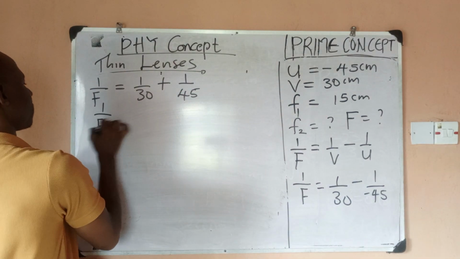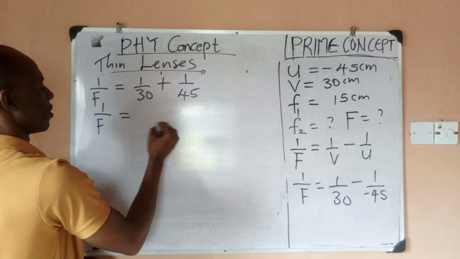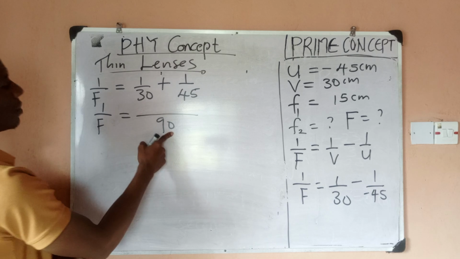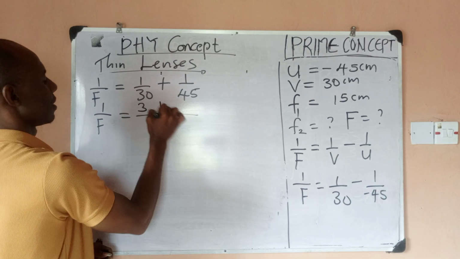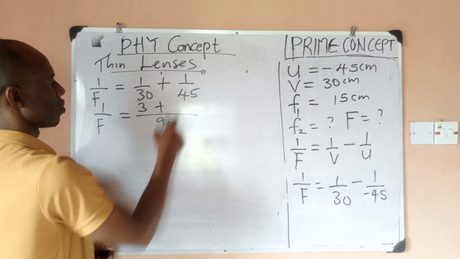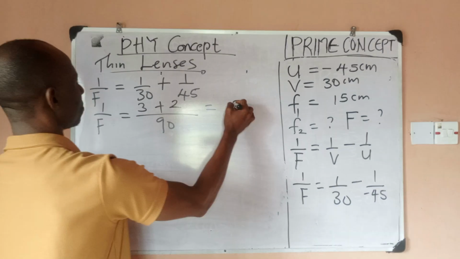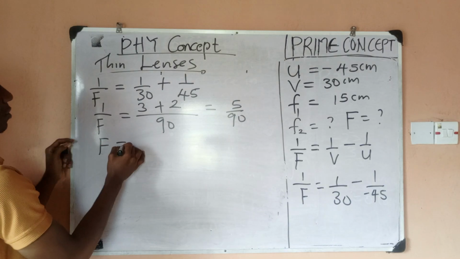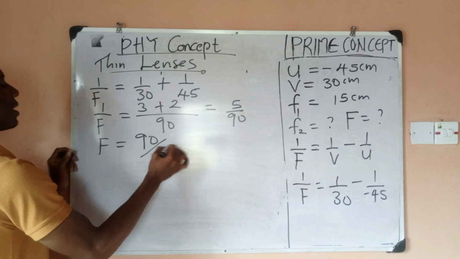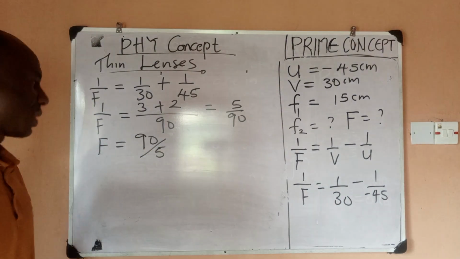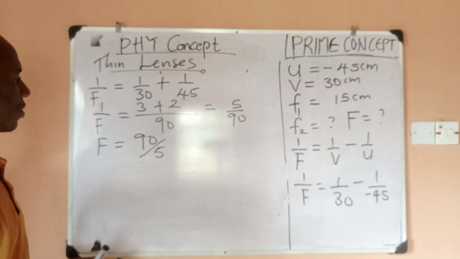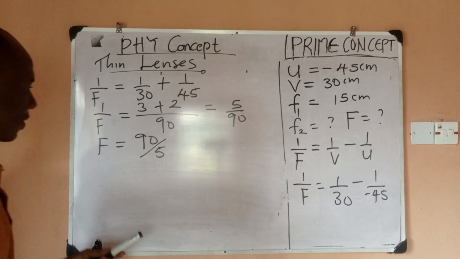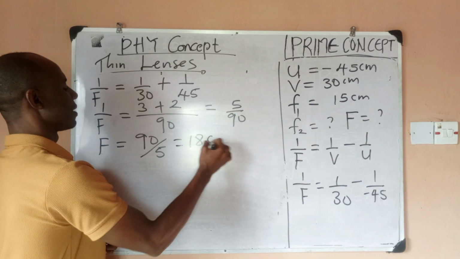I'm going to take LCM 90. 30 in 90 gives 3, and 45 in 90 gives 2, which gives 5 divided by 90. So the combined focal length f becomes 90 divided by 5, which is 18 cm.